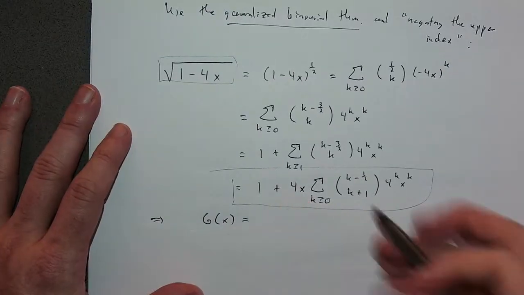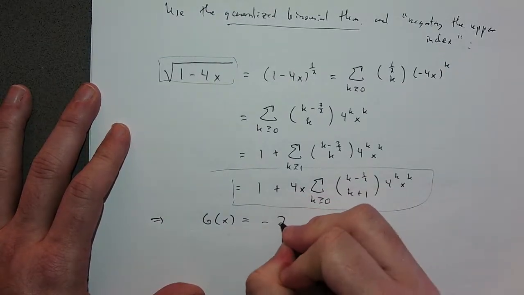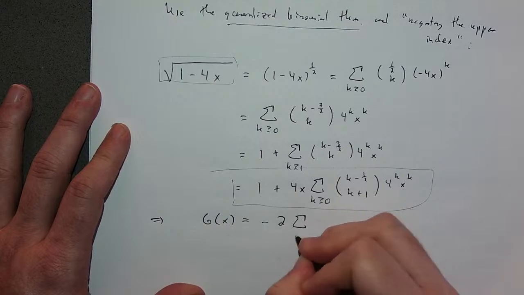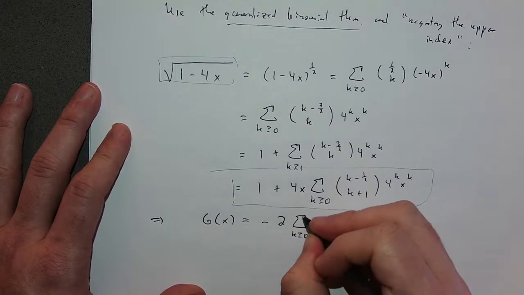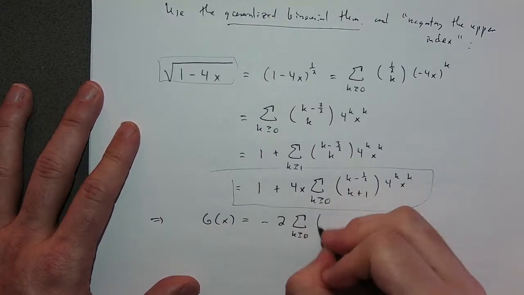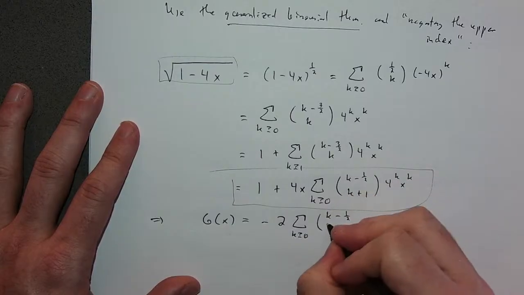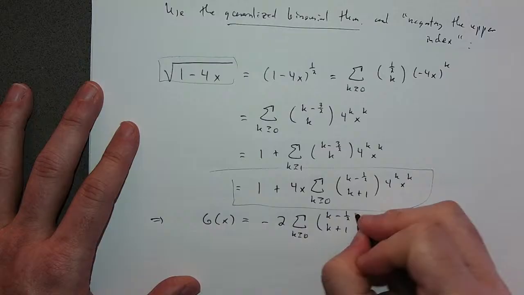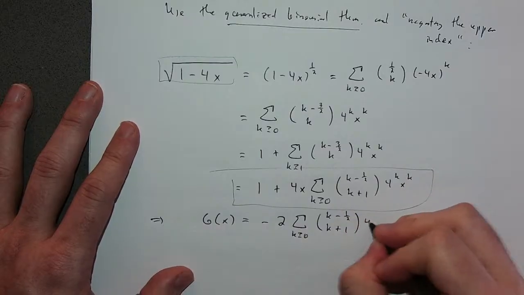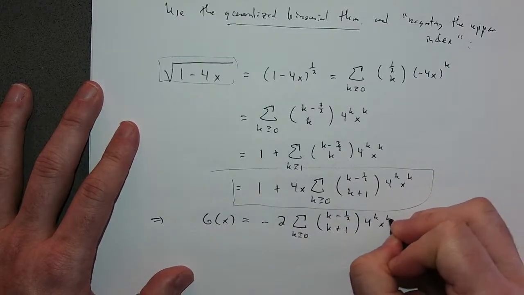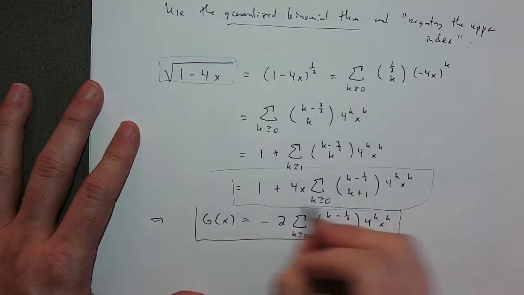So this becomes minus 2 times the sum, k greater than or equal to 0, of (k minus 1/2 choose k plus 1), 4 to the k, x to the k. Do you see where this comes from?